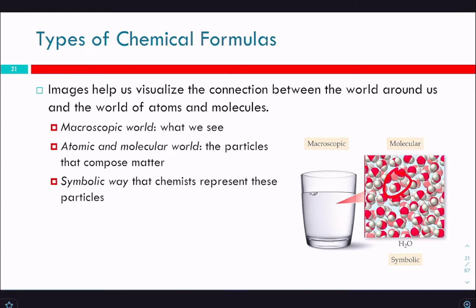If you think about it as these little tiny, almost like Mickey Mouse heads floating around, because that determines the way that they interact. The symbolic level is the most useful for conveying something to somebody else, to write it in a paper, or to do chemical equations and write out chemical reactions. So you need to understand all of these different levels to have a full understanding of the chemistry.